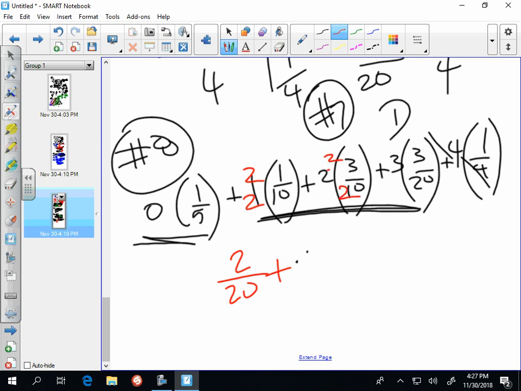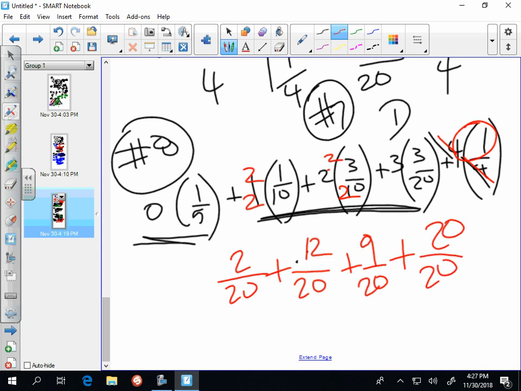This will be 4 times 3, 12 20ths. And now here we have 3 times 3, 9 20ths. Plus, remember these 4's over here cancel, leaving me with 1, which would be the same as 20 20ths.